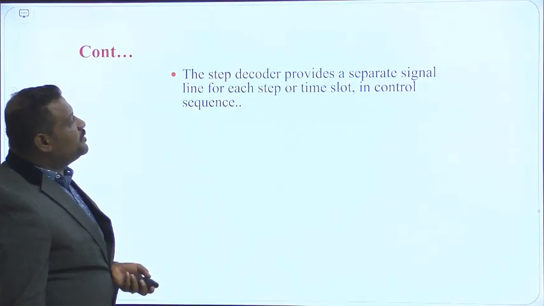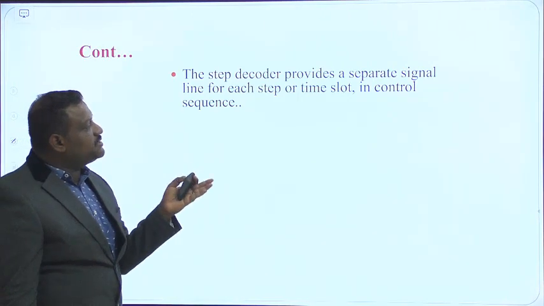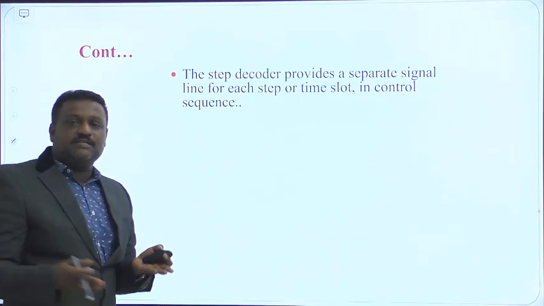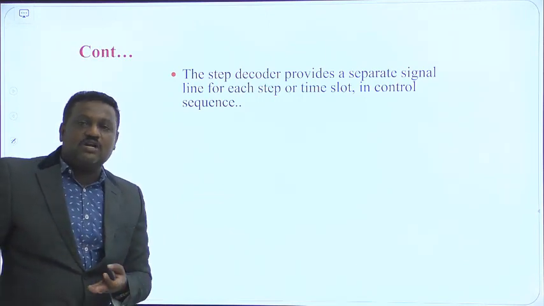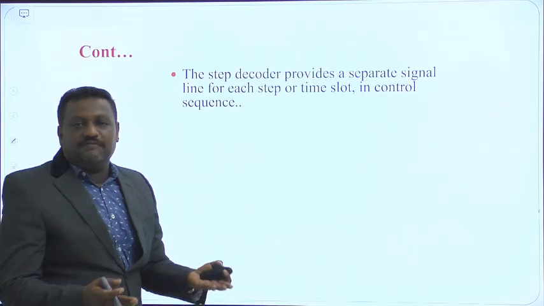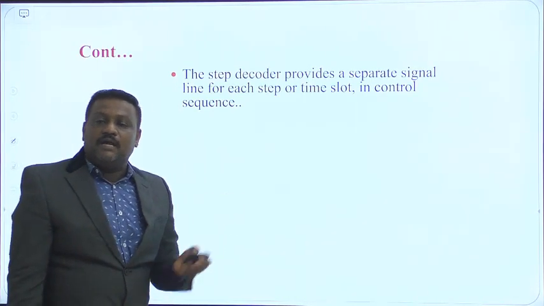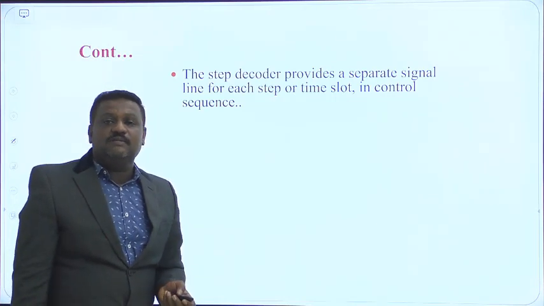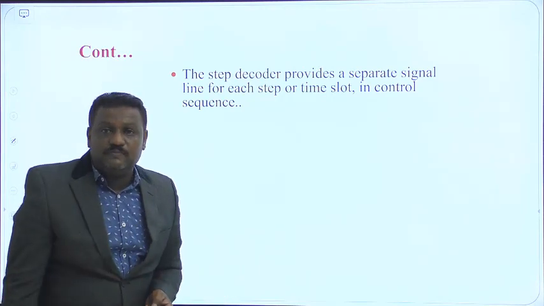So the step decoder provides a separate control line for each step or time slot in the control sequence. No doubt, because I have T1, in that case my control unit generates a set of control signals. Those control signals help me do a different task in that time slot. In a T2 time slot, again my control unit generates different control signals which are used to perform different operations in time slot 2.